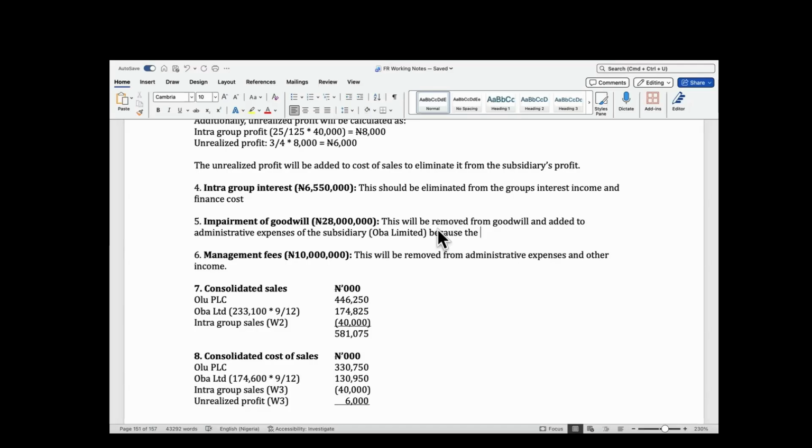It means that NCI will not have a share of that loss, so you add it to the expense of the parent. Let the parent bear the loss alone. But if NCI is measured at fair value, you add that impairment loss to the subsidiary so that the parent and the NCI can share the loss. Okay?